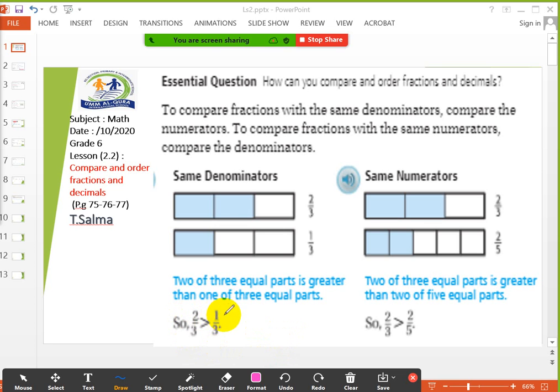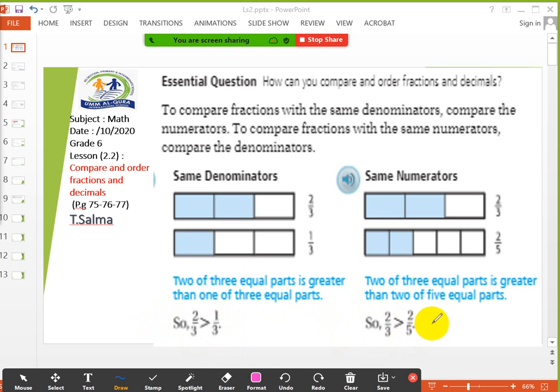If you compare between 2 and 1, which one is the greater number? 2 is greater than 1. That means I will put the greater than symbol to this side, okay? So when I have the same denominator, very easy.